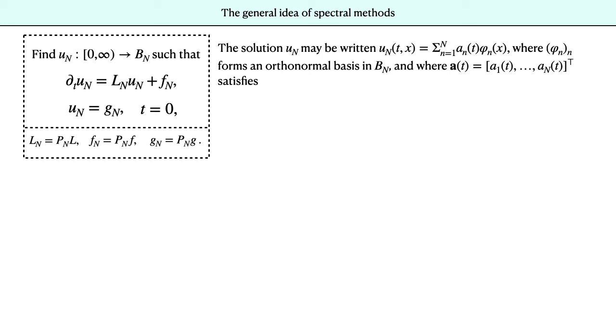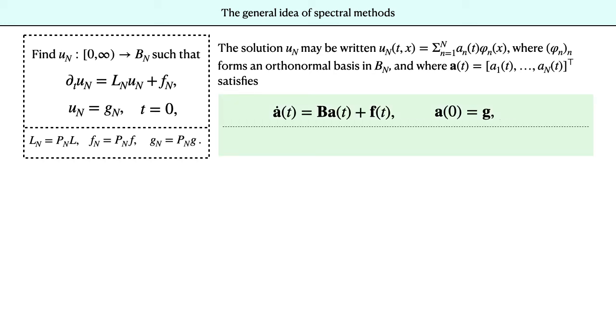And if we make a vector out of these weights that really are the unknowns that need to be calculated, the vector satisfies the following system of ODEs, where the matrix is the matrix of all the inner products between L of phi and other phi's, and the F's and the G's are precisely the inner products of F and inner products of G.